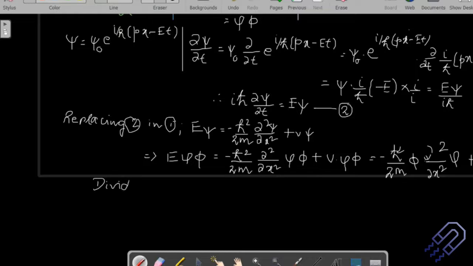Dividing both sides by phi, the time dependent term.